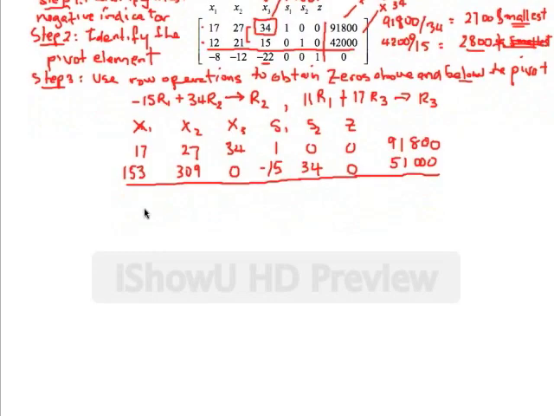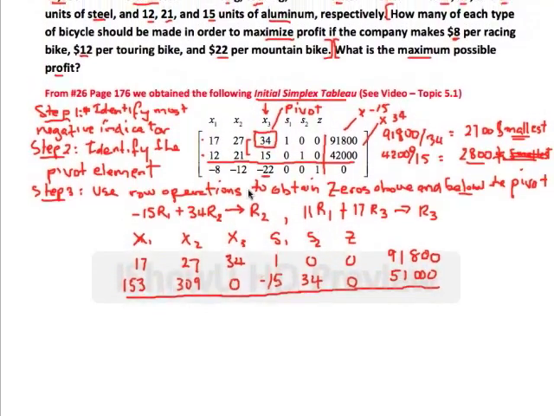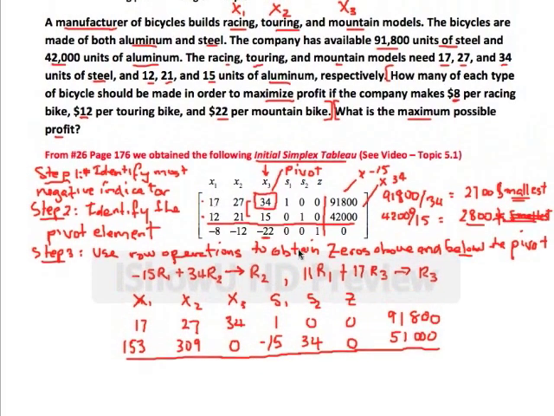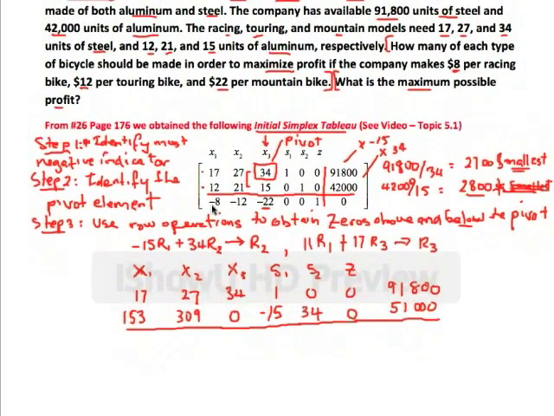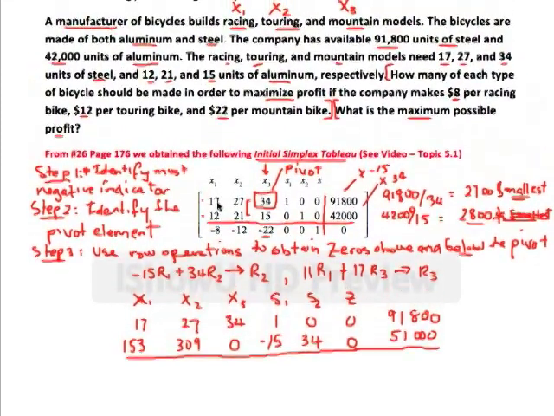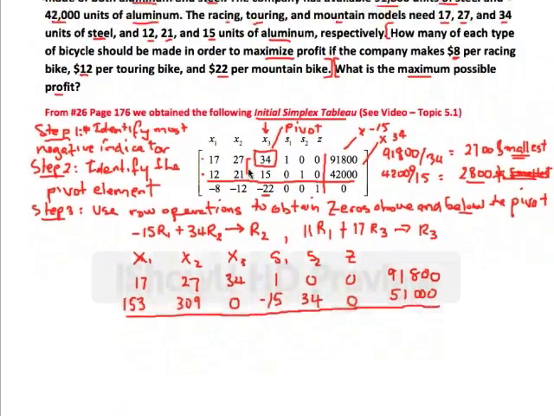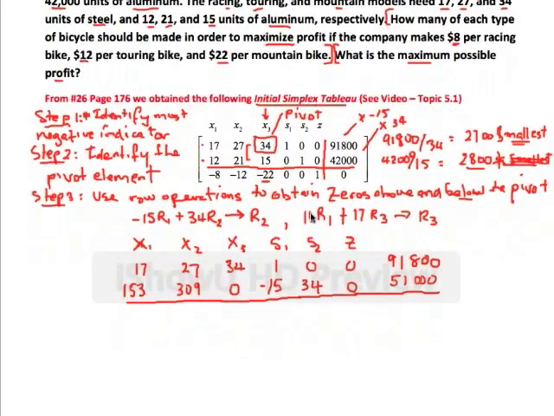And now, of course, we have to do our second one, which is 11R1. So we're multiplying 17 by 11, and then we're adding 17 times negative 8. Alright, so make sure you follow that. So 11 times 17 there.